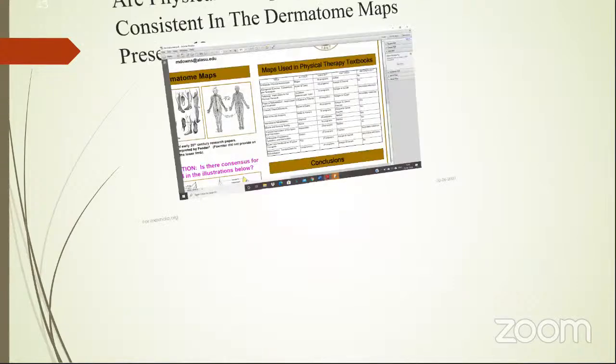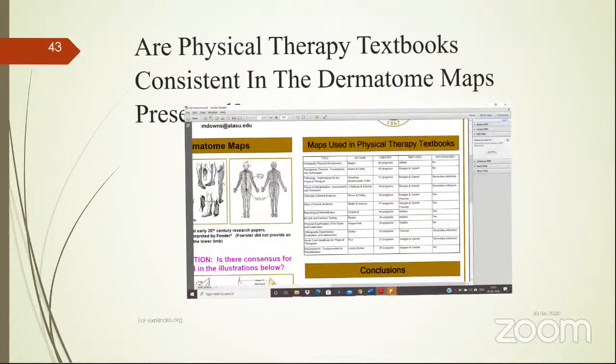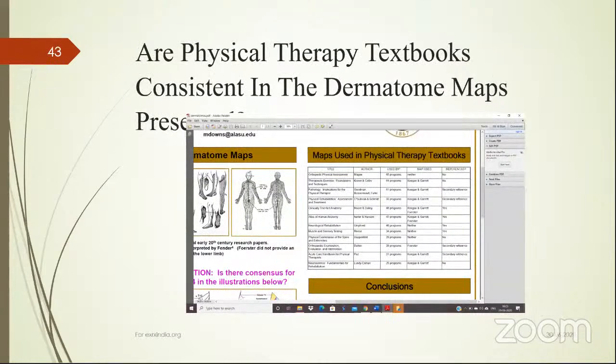So we come to the physiotherapy books. This is a diagram which shows how many physiotherapy books have a dermatome pattern. The books we know are Magee, Kisner, and Kobe. Magee is not using any map we mentioned, and does not give a reference either. Kisner and Kobe, and Pathology Implications for the Physical Therapist, are using Keegan and Garnett.